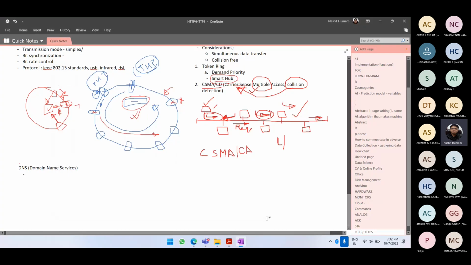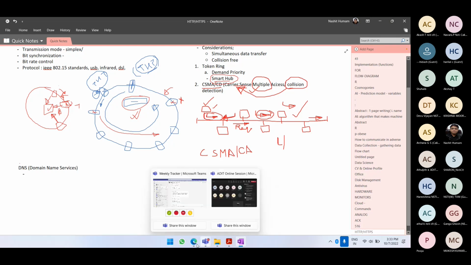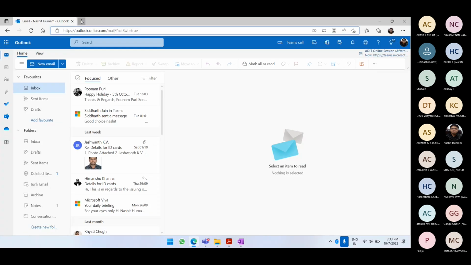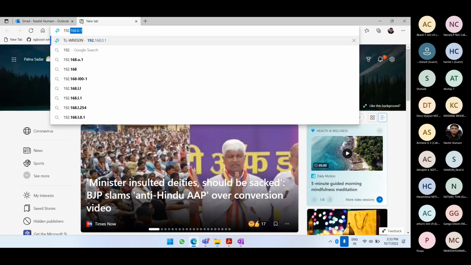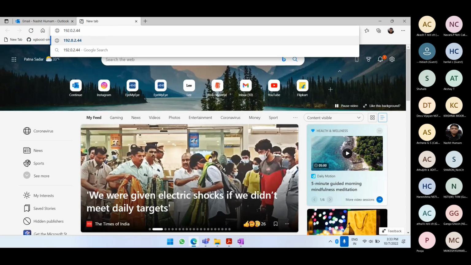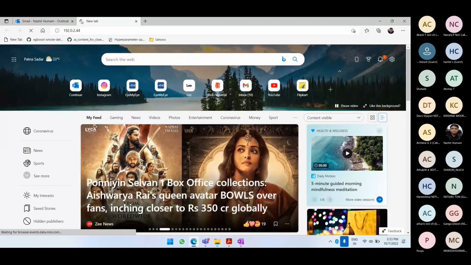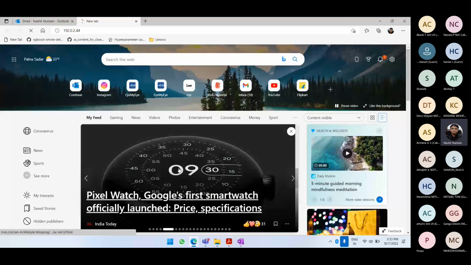It avoids any kind of collision by holding the line. I hope that was clear.